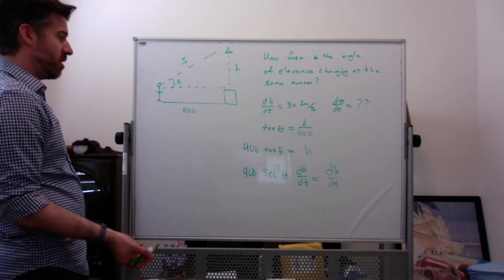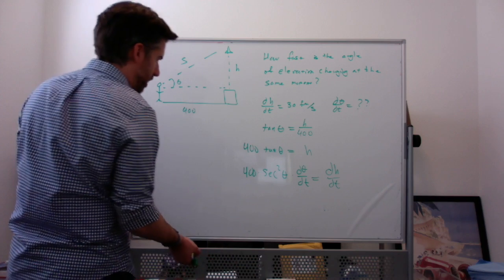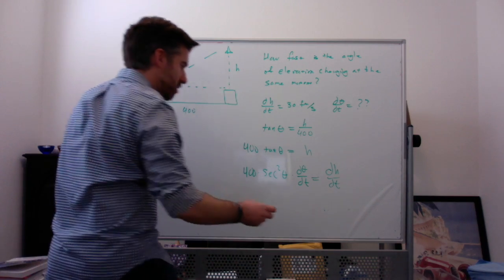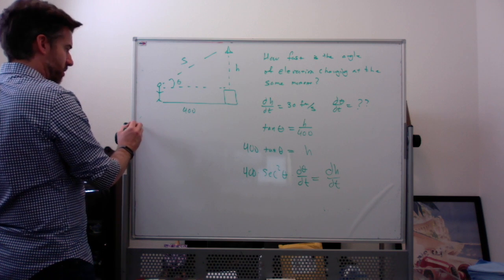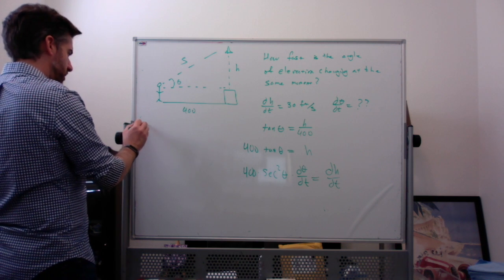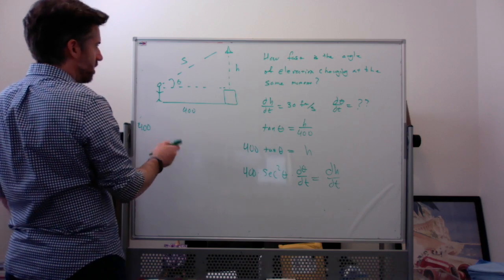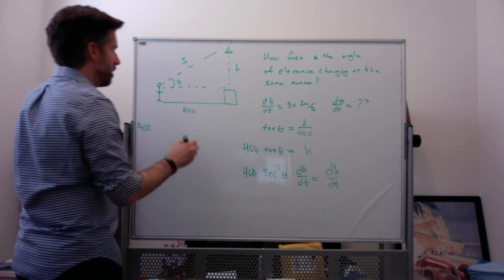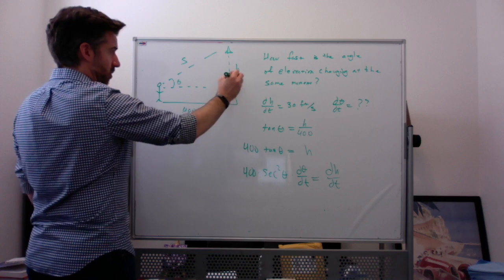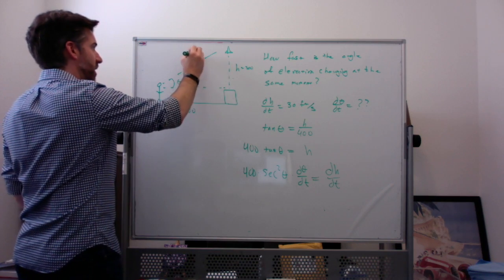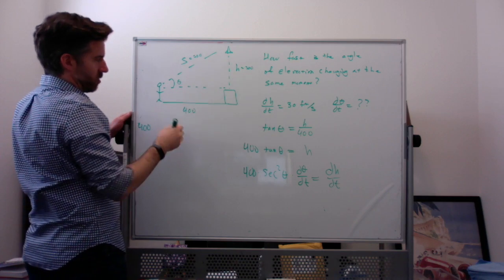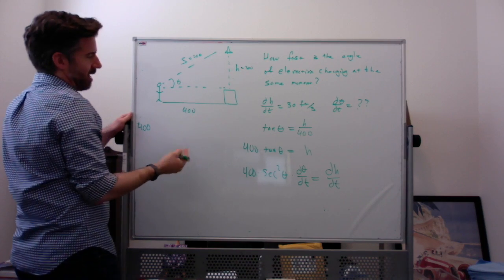And then we plug in what we know. dh dt I know is 30. So I have 400 times secant squared theta. I'm in the same moment where h is 300 because it's been 10 seconds, and this is 500. Secant, I know cosine.